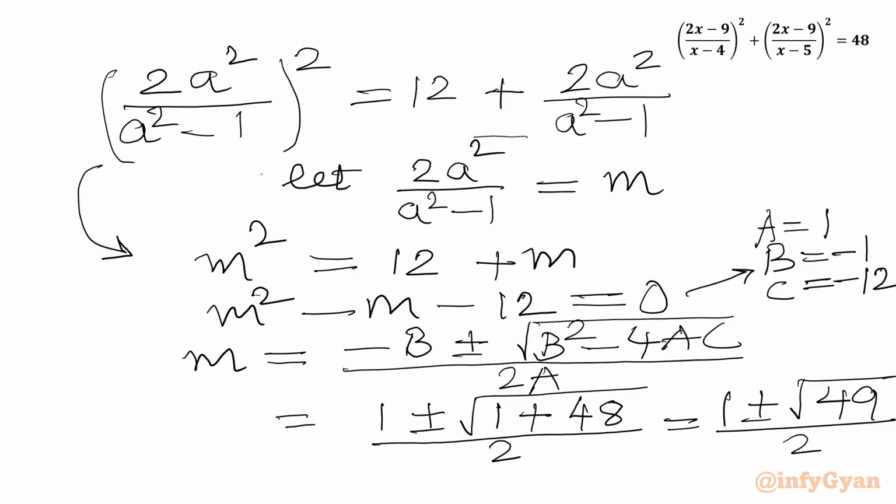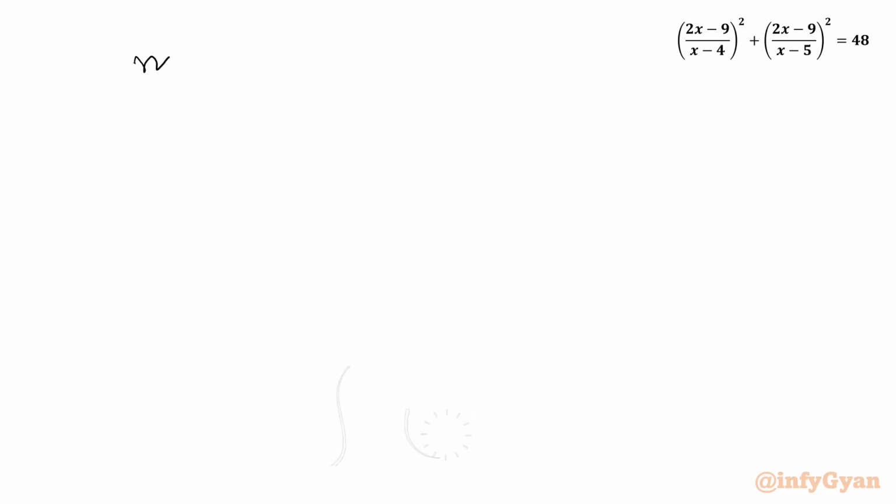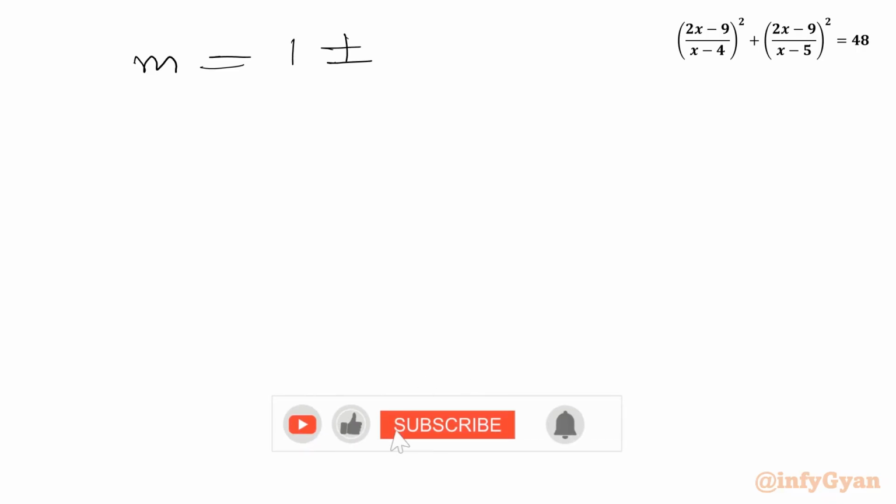Remember our substitution, m is 2a squared over a squared minus 1. Let me write the value of m. m will be equal to 1 plus minus square root of 49, which is 7, over 2.